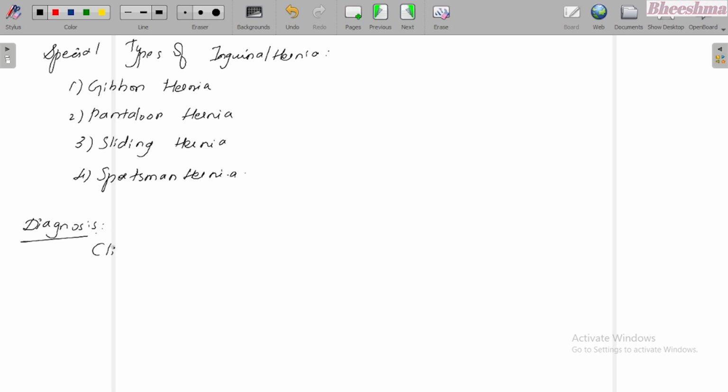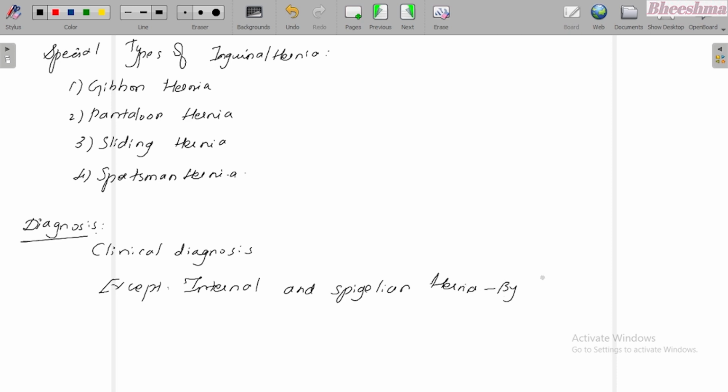Diagnosis: clinical diagnosis. These are clinical diagnoses, except internal and Spigelian hernia, which are diagnosed by CT scan.